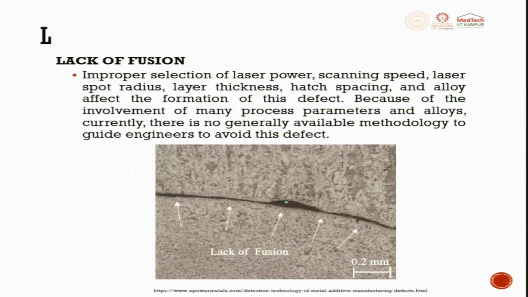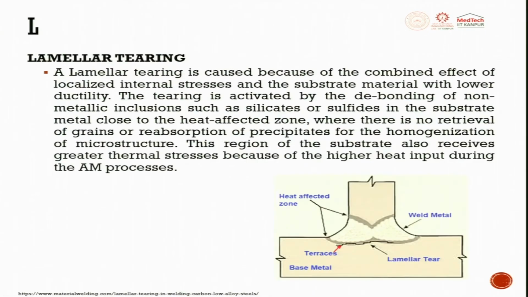Lack of fusion: improper selection of laser power, scanning speed, laser spot radius, layer thickness, and hatching spacing affects the formation of this defect. Because of the involvement of many process parameters and alloys, currently there is no generally available methodology to guide engineers how to avoid these defects. Lack of fusion is another major thing which happens due to process parameters in laser.